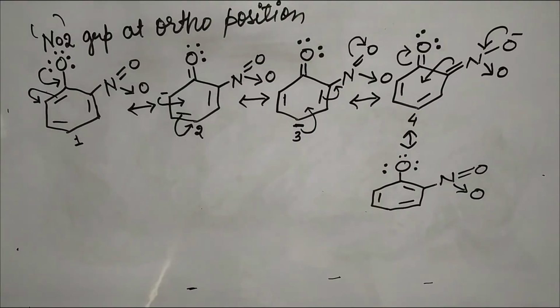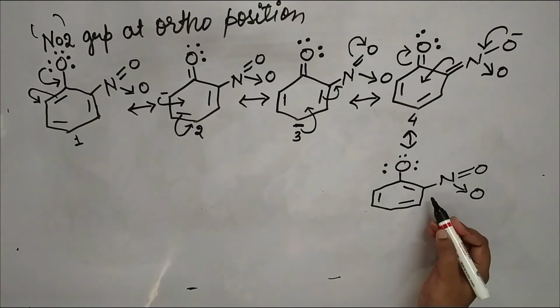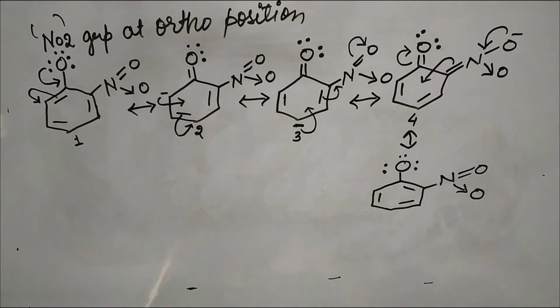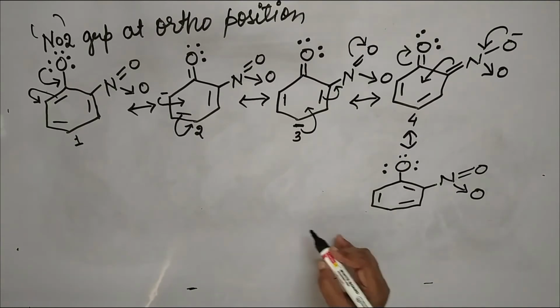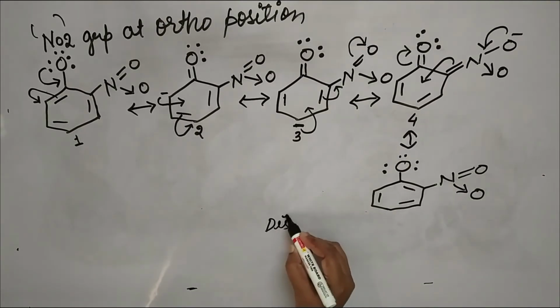So here you can see when the nitro group is present at the ortho position, it withdraws the electrons from the benzene ring. So because of that, it stabilizes the phenoxide ion. So here the nitro group which is present at ortho position will withdraw the electron from the benzene ring and it causes the dispersal of negative charge.